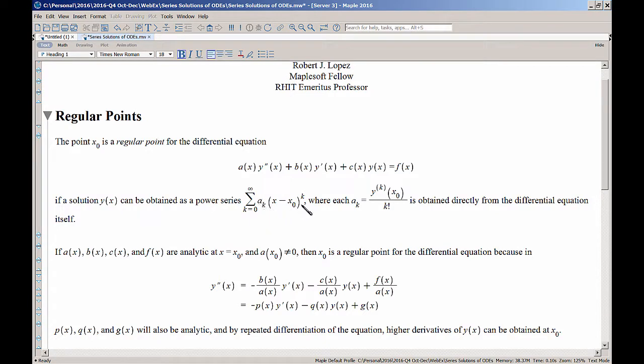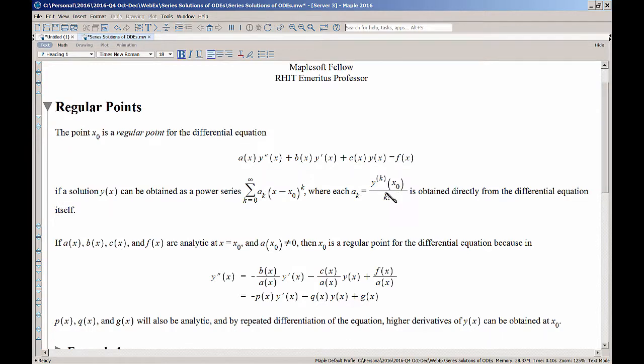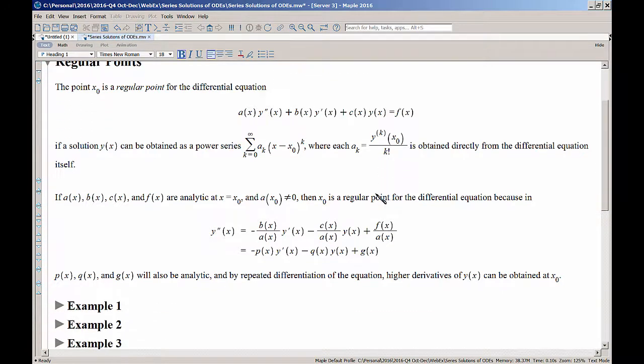So this would be the representation of the power series, and we know that the coefficients therefore are derivatives divided by factorials. Now, if these coefficients a, b, c, and f are analytic in the neighborhood of x0, and also that a does not vanish at x0, then x0 will be a regular point, because if you divide through by a of x, these newly named coefficients p, q, and g will be analytic.